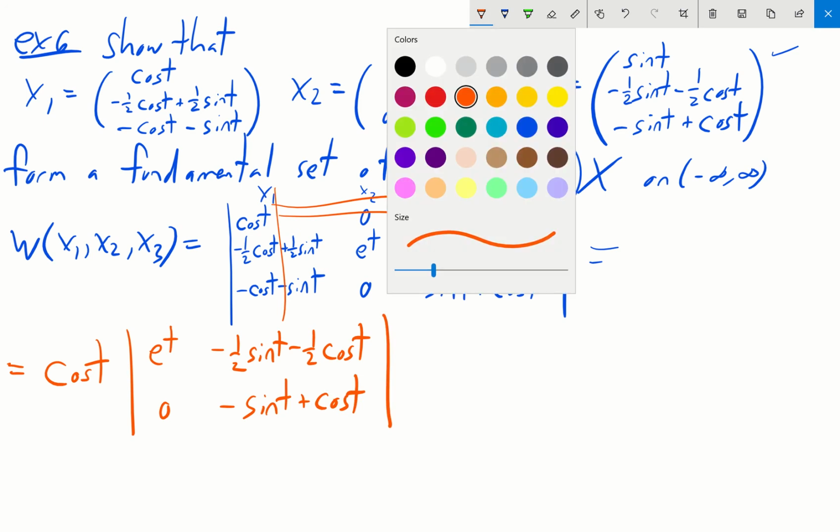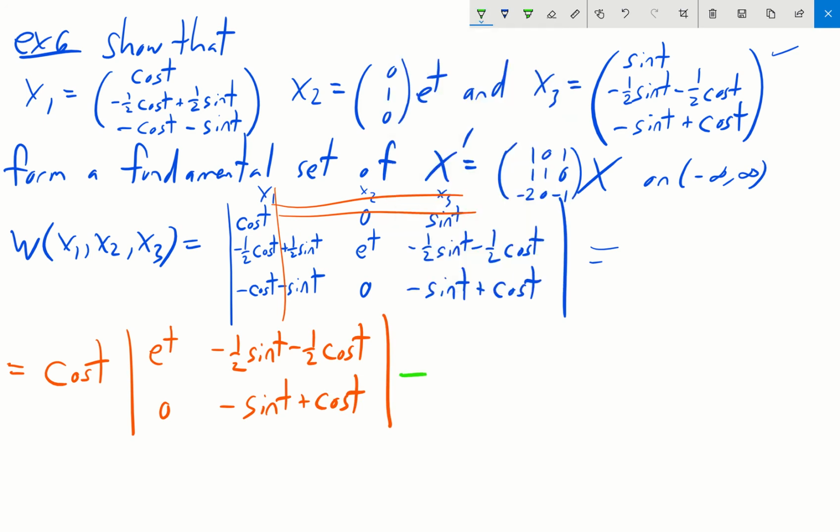When we move on to the next entry, be very careful. It alternates in sign, so minus. Now we're going to expand about this next pivot.